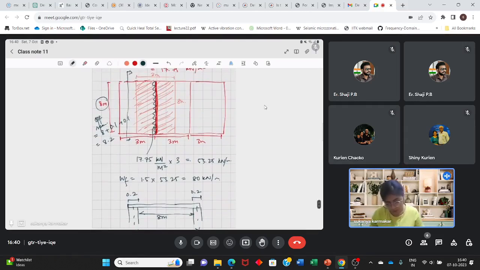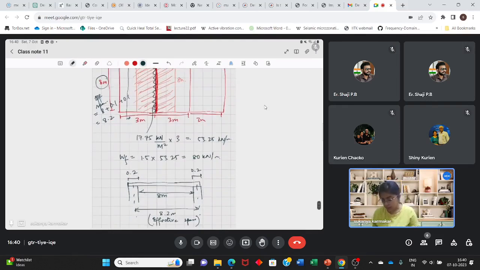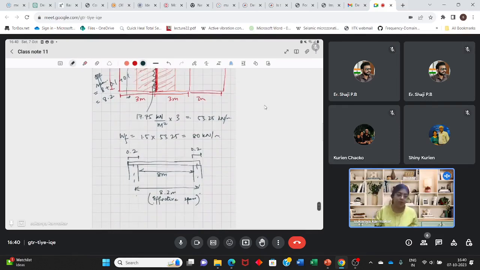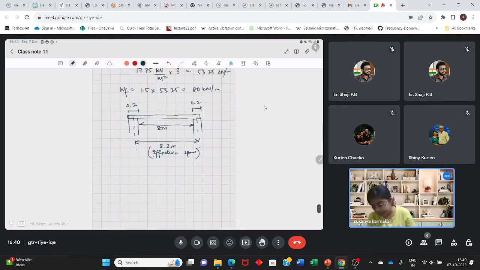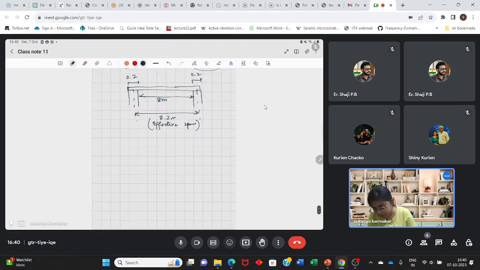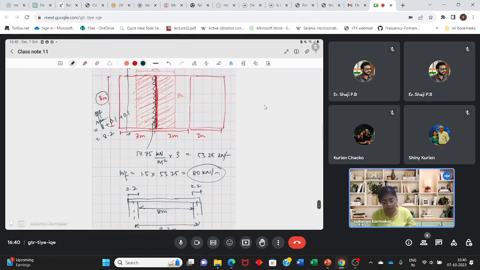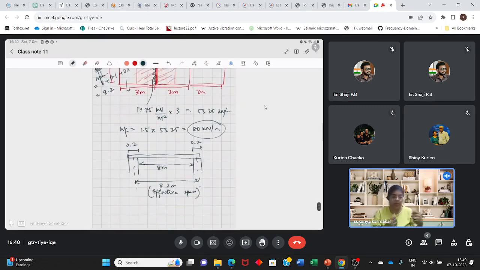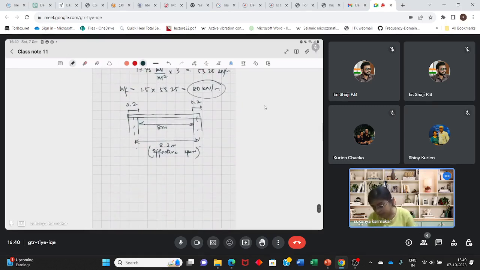Okay, this is understood. Now you know the value of factored load. Now simply calculate the moment and shear. So maximum moment will be at the midspan, W L square by 8.